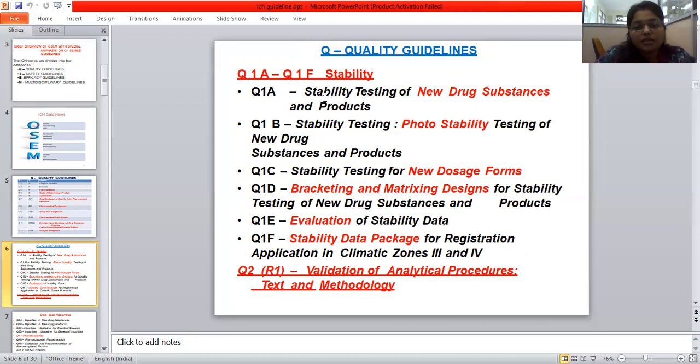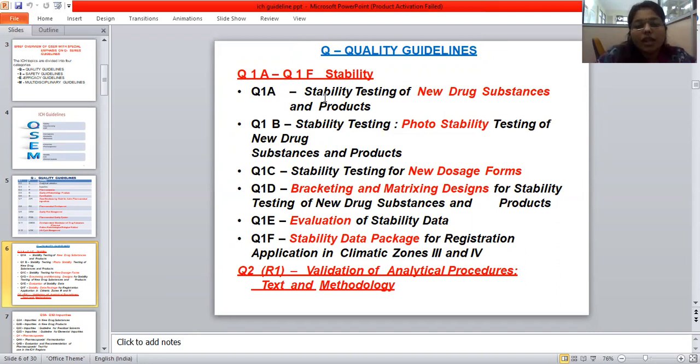For photostability testing, for a drug which has some photosensitivity, we can go for the ICH Q1B guideline for that particular API and product. Also for a new dosage form that we are formulating, after that we can check its stability. For that purpose we can refer to the Q1C guideline for the newer dosage form.